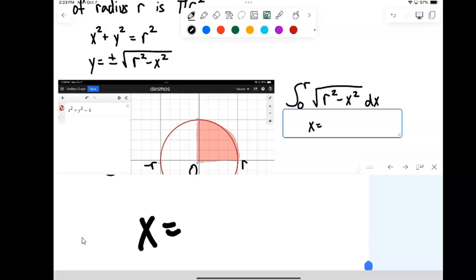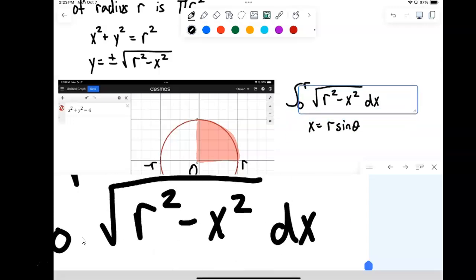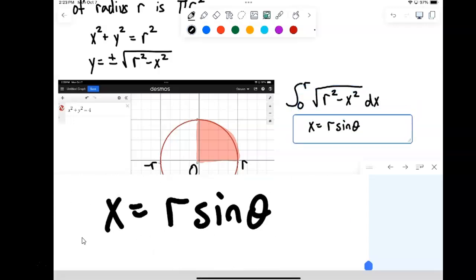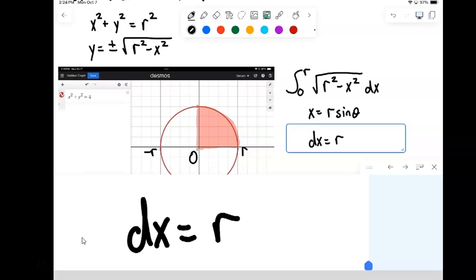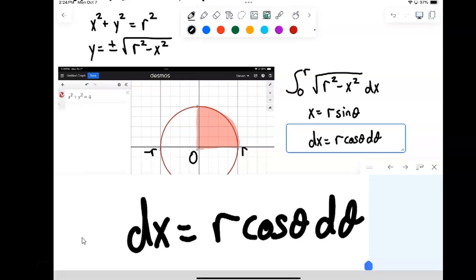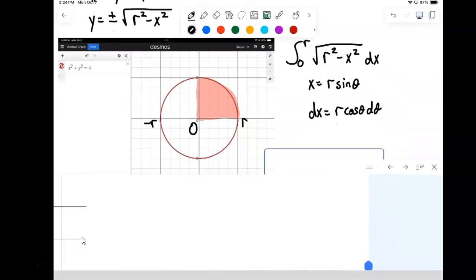of the form a squared minus x squared. So we let x be a, or in this case, r sine of theta. Right? We have a squared minus x squared. So let x be a, which is r in this case, sine of theta. dx would call for the derivative, which is just r cosine theta d theta. Okay, so we make those substitutions in.